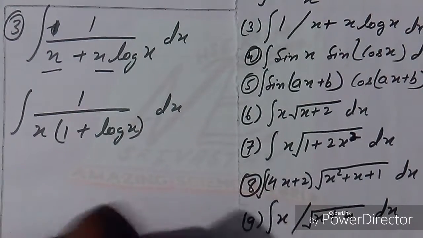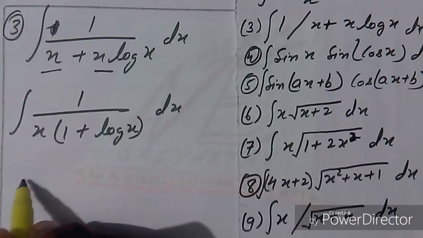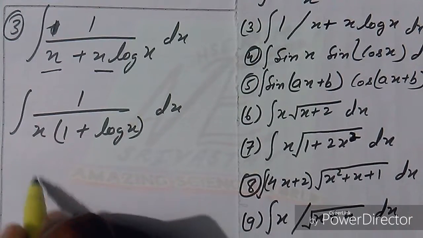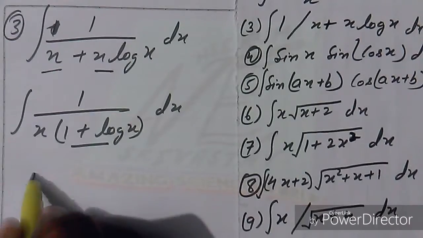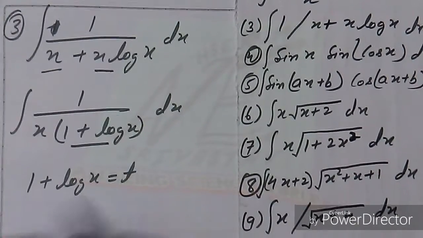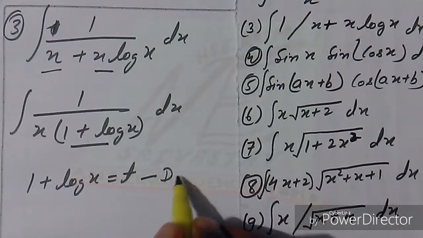Now we go for a substitution. First of all we take t. We suppose 1 plus log x is equal to t. Now we derivate it.